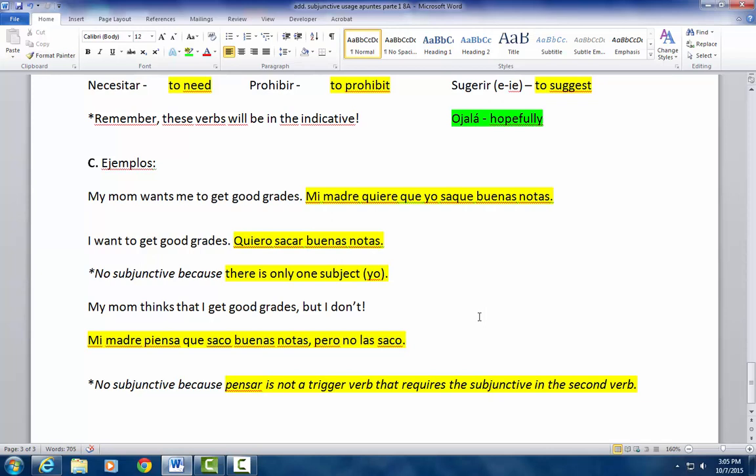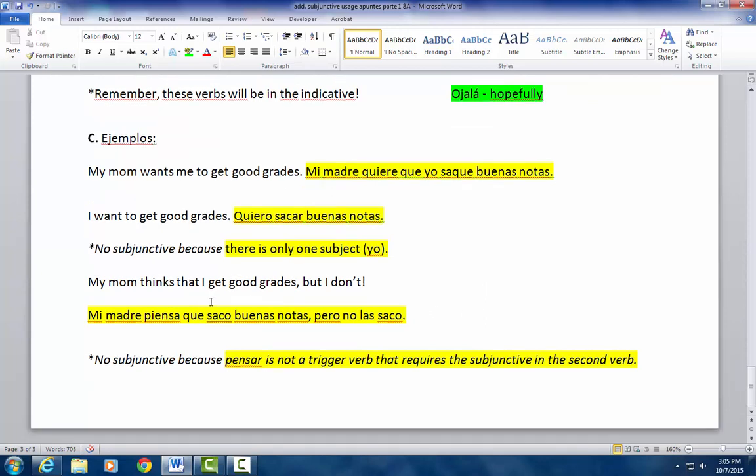Let's look at this next one. My mom thinks that I get good grades, but I don't. Mi madre piensa que saco buenas notas, pero no las saco. Let's break this one down. Mi madre, subject 1. Piensa, verb 1. It even has que.